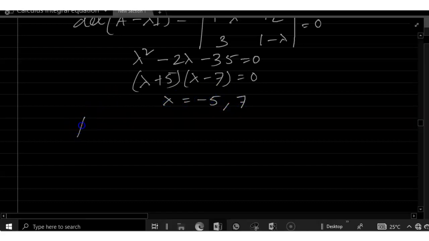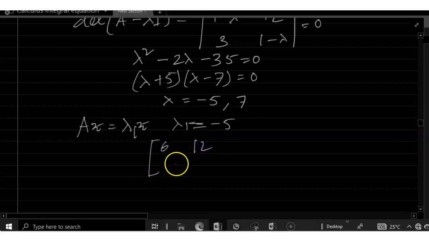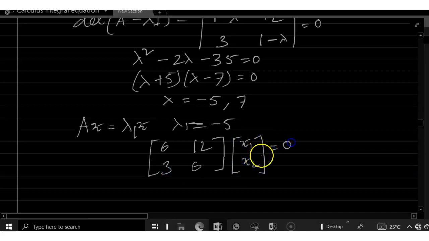So Ax is equal to lambda x. So I get for lambda 1 equals minus 5: [6 12; 3 6] (x1, x2) equals 0.